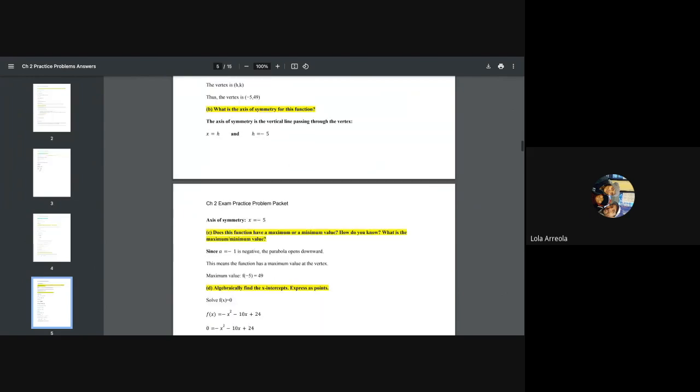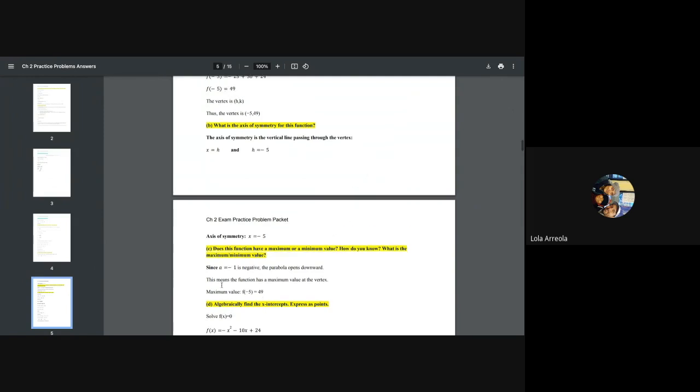It is the max point because a is -1, it's negative. So my parabola opens downward. And my max value would just be the k value, which is 49. So if it's asking for the value, it's 49, my k value. I have a max value at 49.